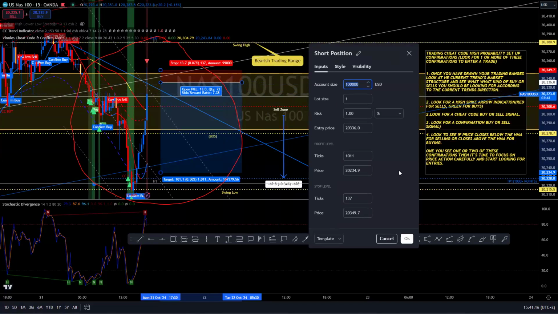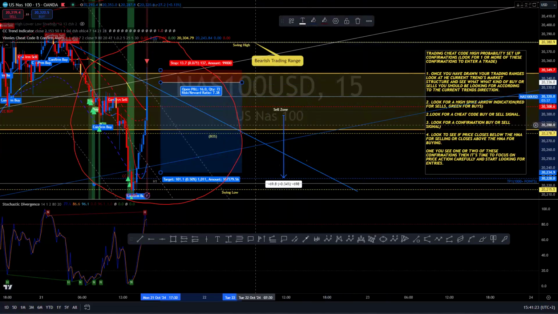We're just going to wait for another 3 minutes to see what the next candle does.